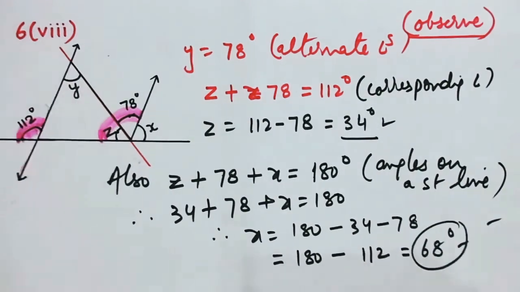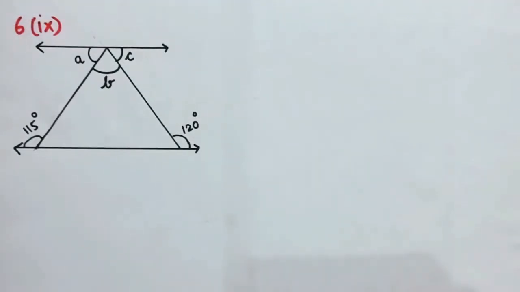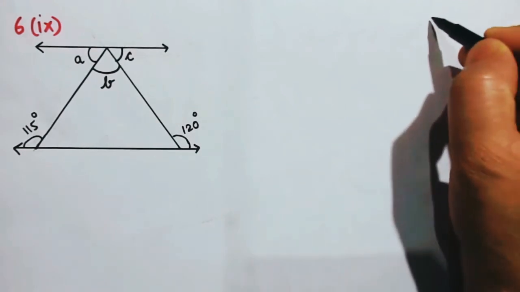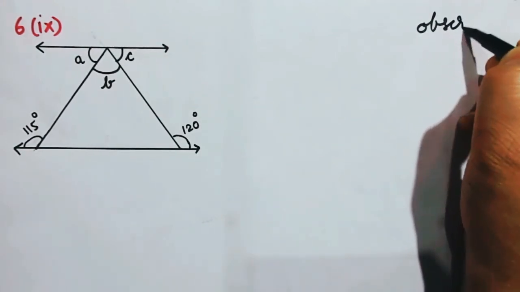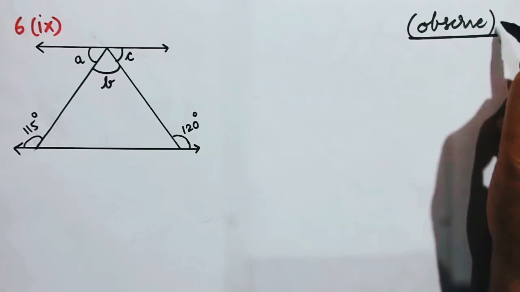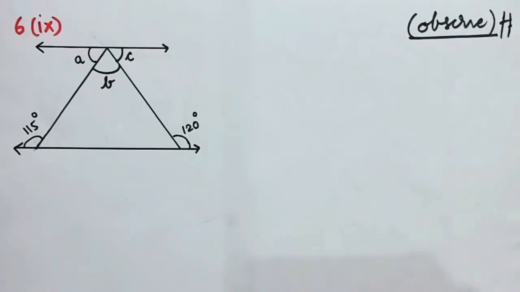Now let's concentrate on number 9. What is it? They have given us, once again, as I said, observe. What to observe? Observe the parallel lines.